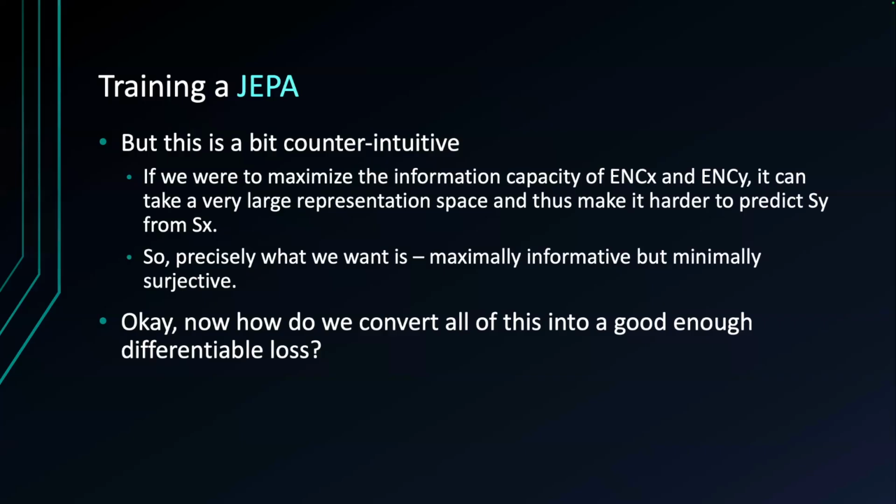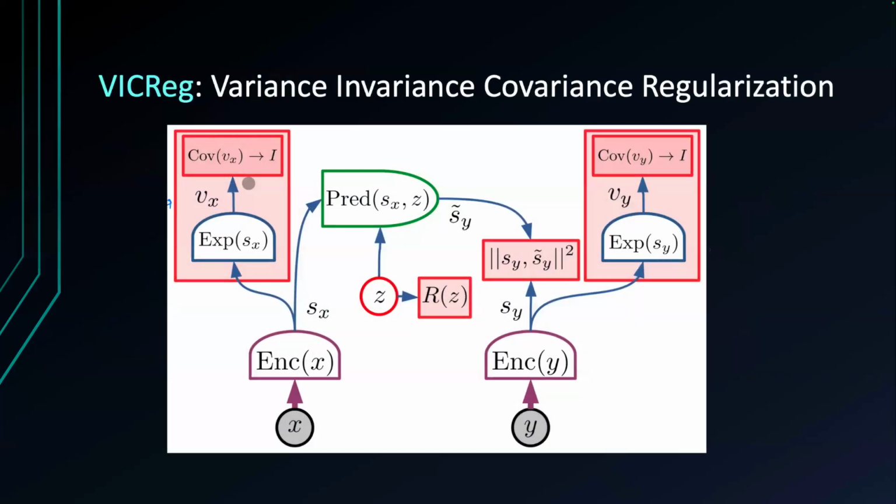Okay, now how do we convert all of this into a good enough differentiable loss? We have to convert all of this into a loss function that could be applied over this. This is where VicReg comes in. VicReg is a paper in itself, and you can go through it.